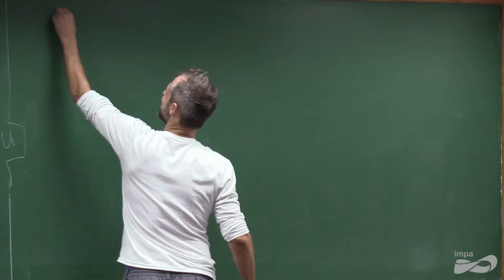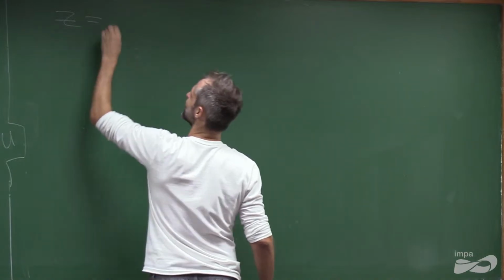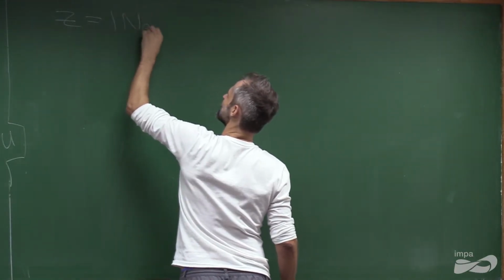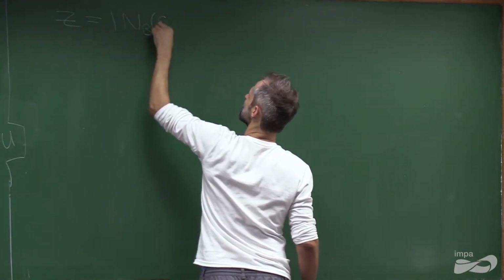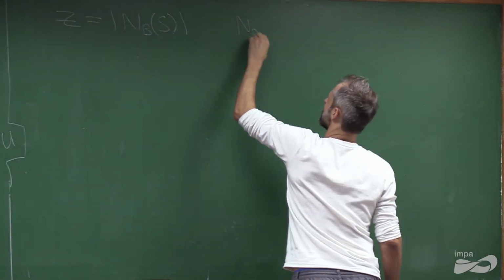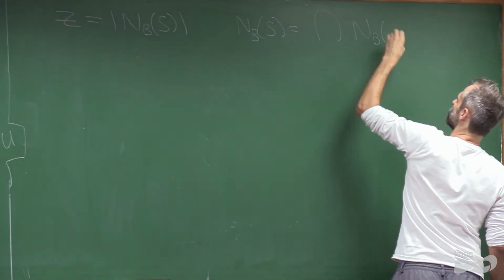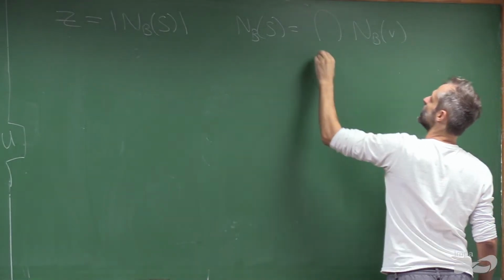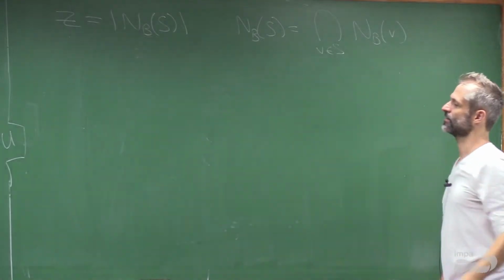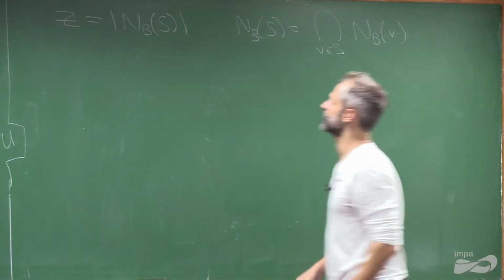So let's say Z is the size of this thing. So NBS is the intersection of the blue neighborhoods of V and S. Right.